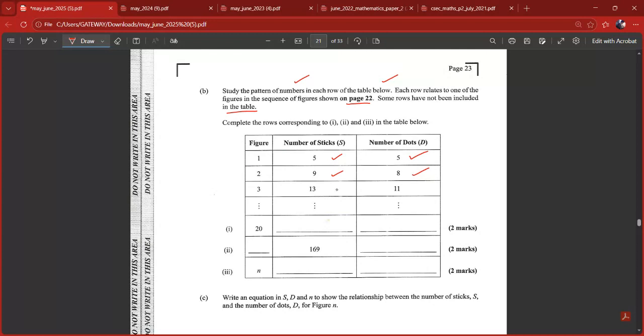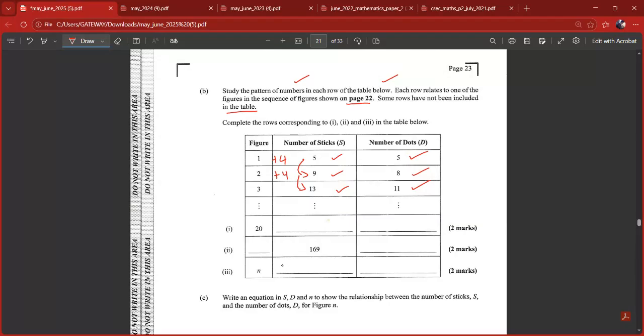Figure 3 has 13 sticks and 11 dots. So looking at the pattern coming down the column, for the number of sticks from figure 1 to figure 2, you increase by 4. From figure 2 to figure 3, you increase by 4 as well, because 9 plus 4 is 13.